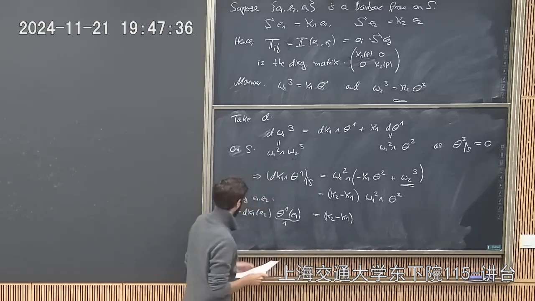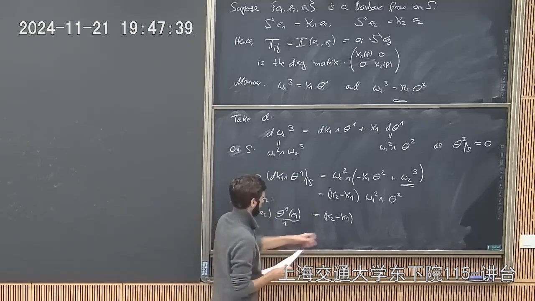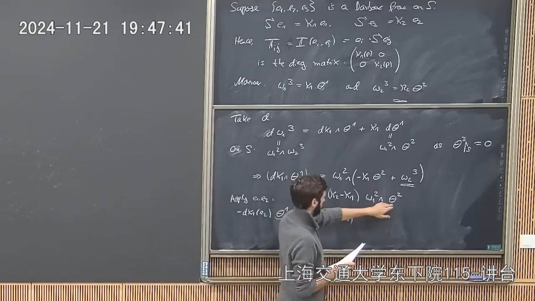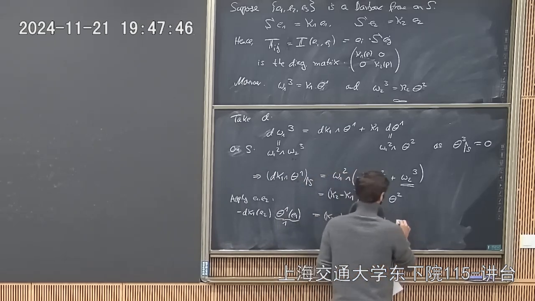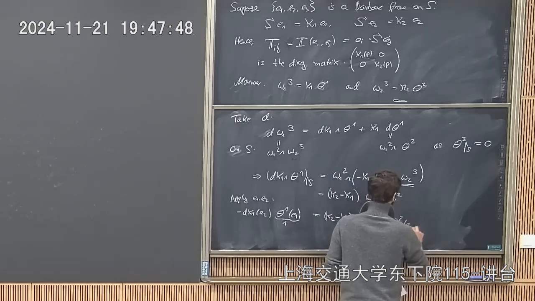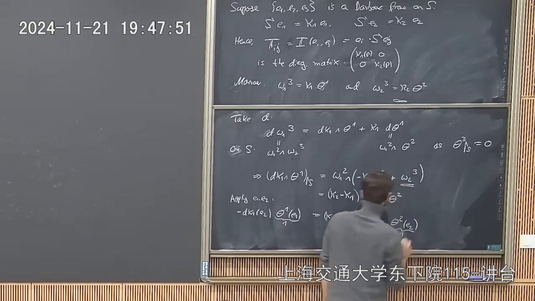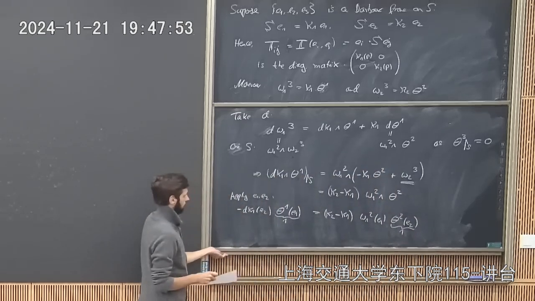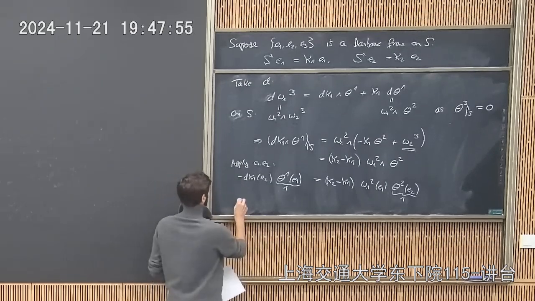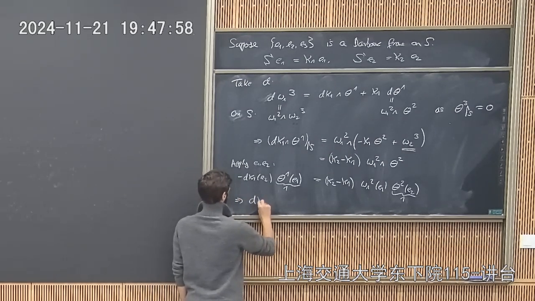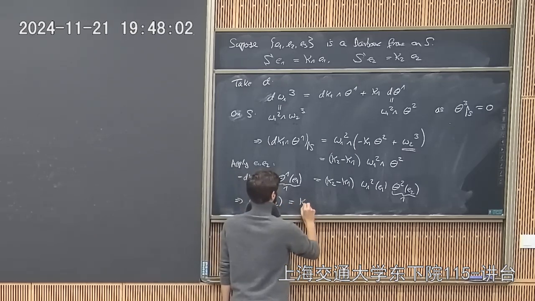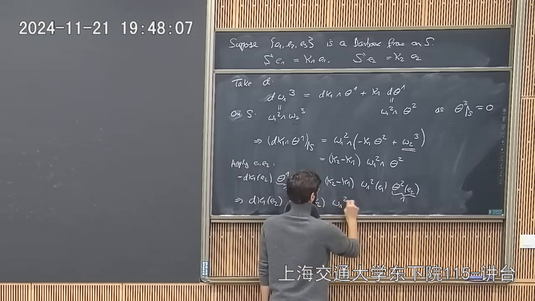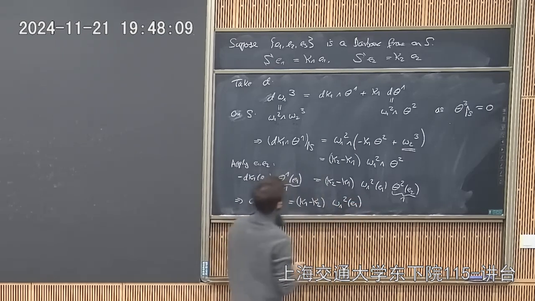And now we apply E1 and E2 to these expressions, where we get again omega 1 2 applied to E1, and then here theta 2 applied to E2, and this one is 1. So now we get rid of the minus sign and end up with the following final equation, which is kappa 1 minus kappa 2 omega 1 2 E1.